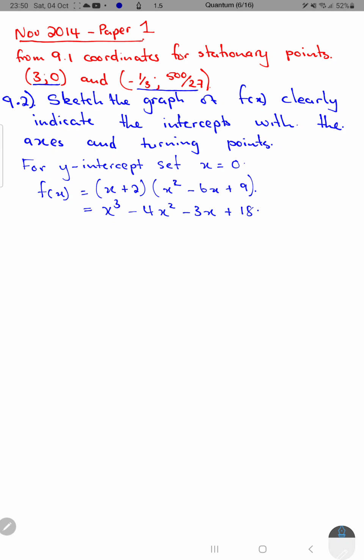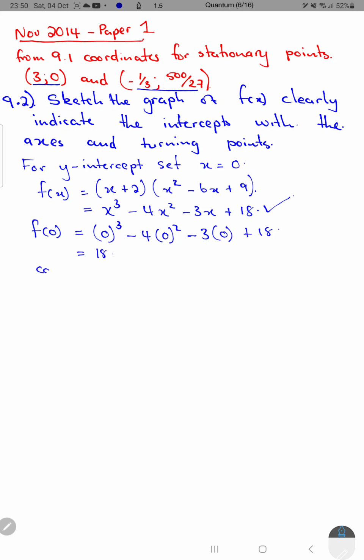So we'll rather use this one to get our f of 0, which is 0 cubed minus 4 times 0 squared minus 3 times 0 plus 18. So we'll definitely get 18.